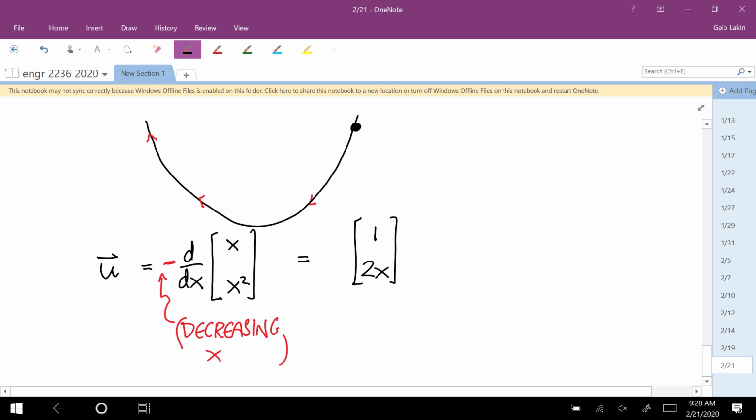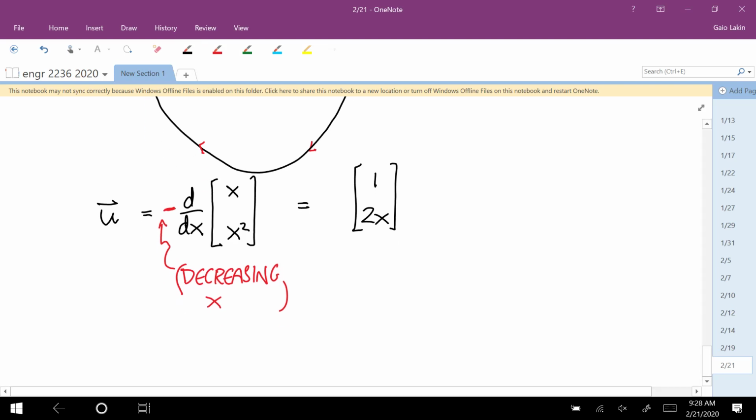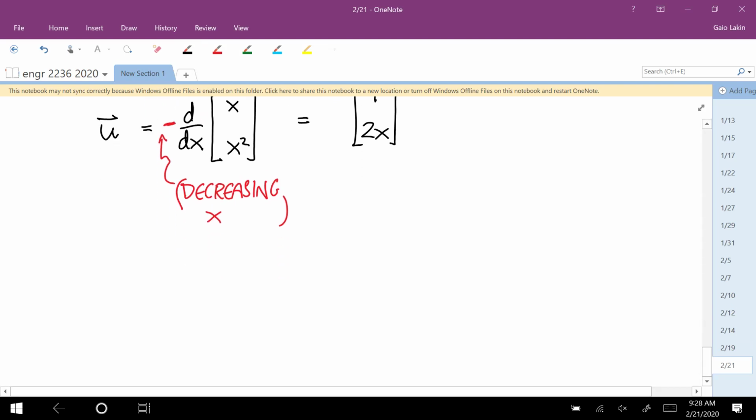Is that a unit vector? No, it is for one specific x, but we need it to be a unit vector for every x value. So to normalize this, I'm going to divide it by the magnitude.